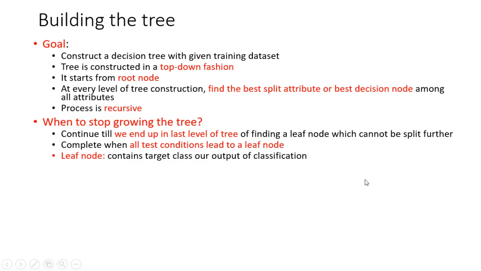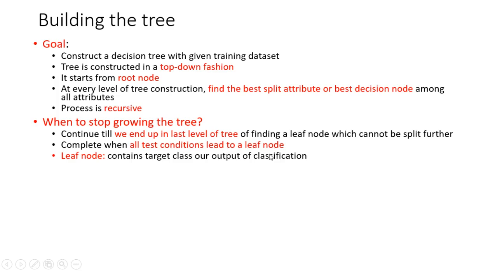The next question is, when you are constructing the tree, when do you stop growing the tree? That would be very important. We can stop growing the tree based upon certain conditions. Maybe we end up in a last level, in a node which cannot be further split. That can be one decision. A second decision would be that all the test conditions have been satisfied.